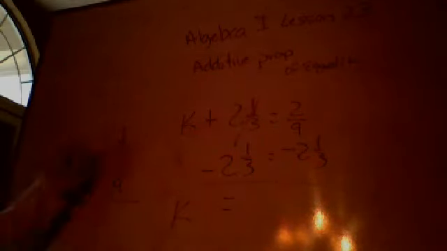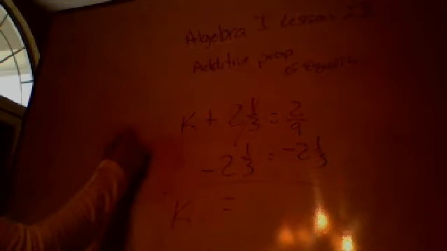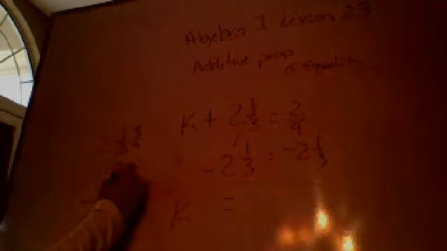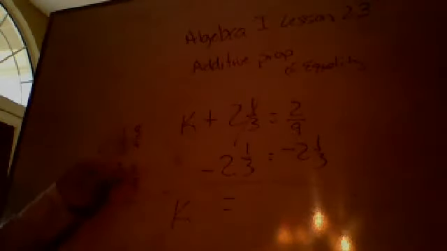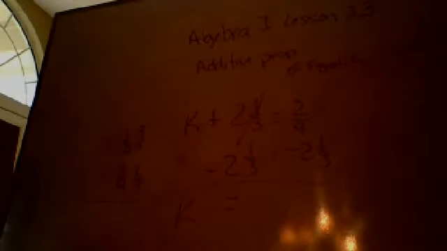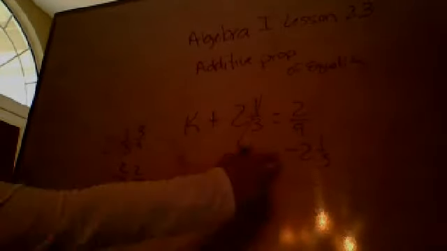Remember, your whole numbers are separate. I'm going to get a common denominator. Now, can I subtract 3 minus 2? I sure can. So 3 minus 2 is simply going to be 1/9, and 2 minus 0 is 2. But which one is bigger? This one. And what sign is it? It's a negative.